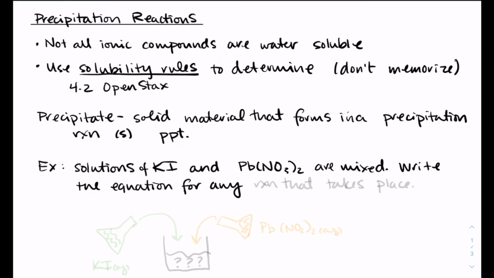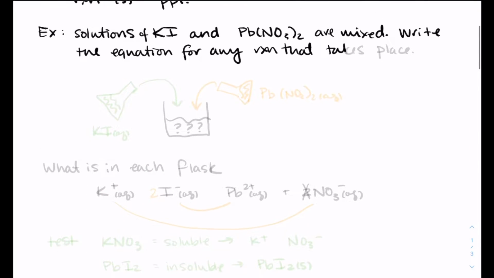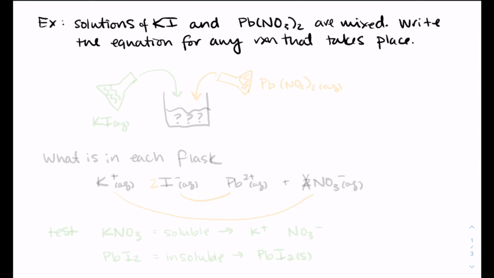I drew an Erlenmeyer with one solution and an Erlenmeyer with the other solution, and dump them in and see what happens. I think it's good to start by asking what was in each flask, which relies on you remembering what happens when something dissolves in solution.